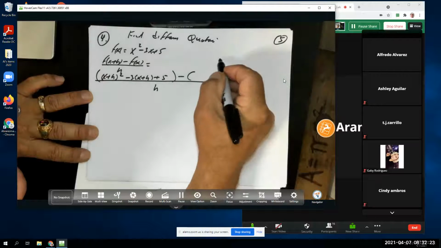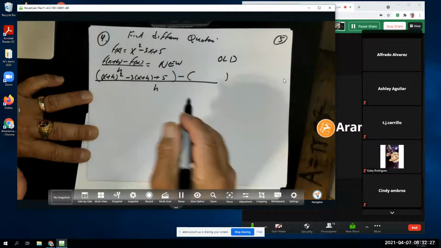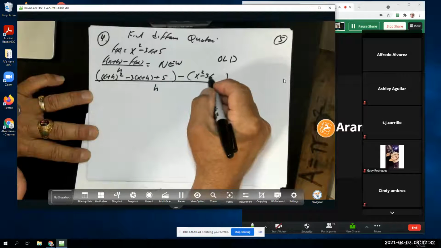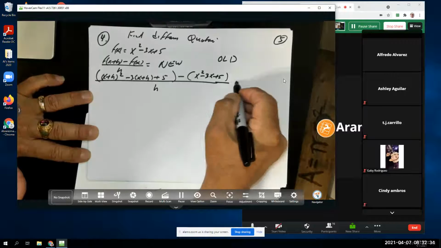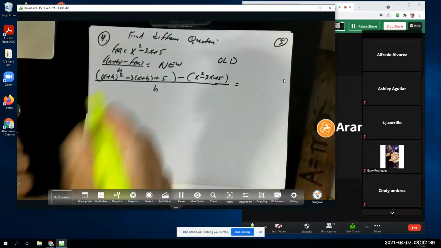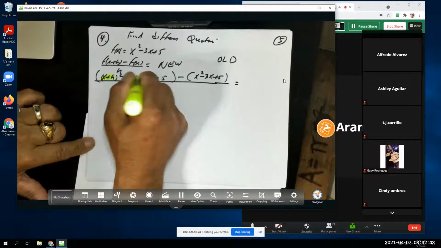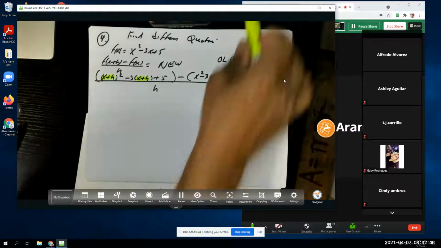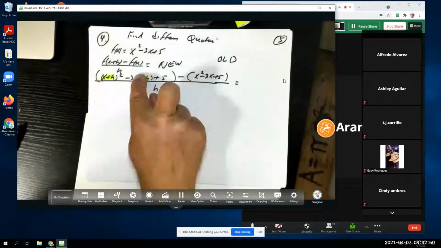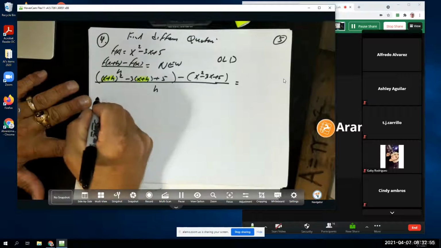On the right side, we have the old one and we have the new one right here. And the old one is this one here, x squared minus 3x plus 5. The new one has all these extra things in it. Now, x plus h squared means 2 of them.